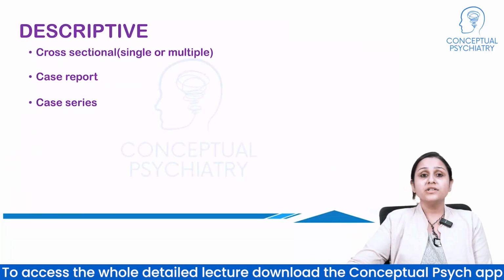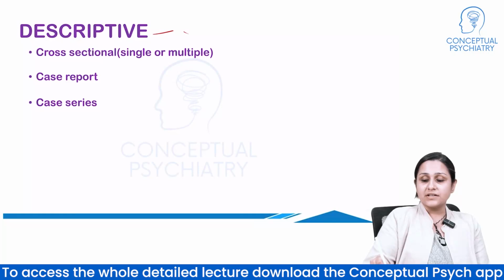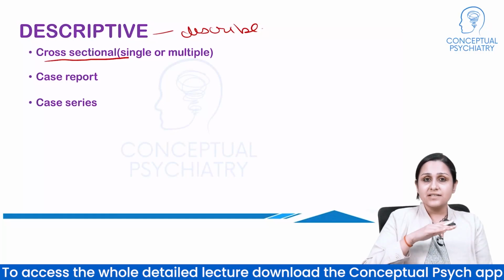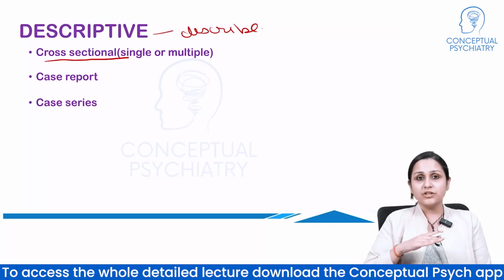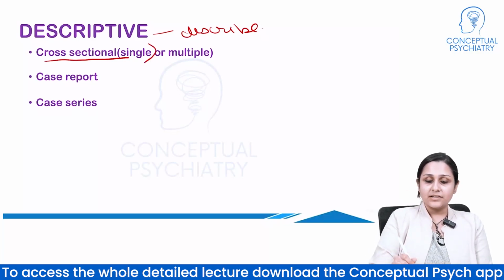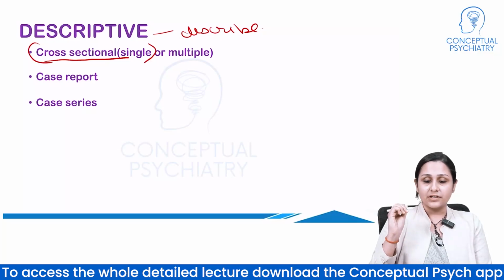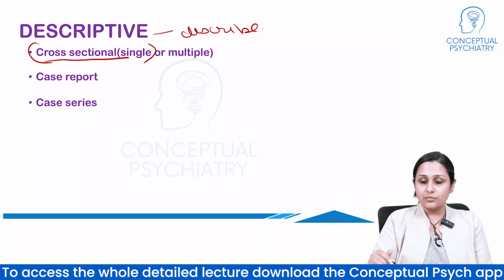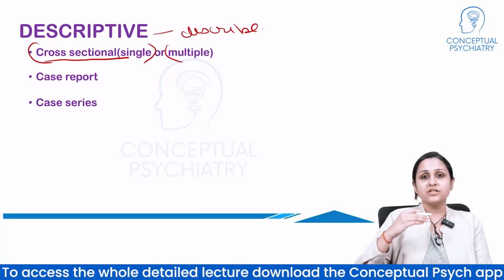So let's go on to the descriptive studies, which only describe. They can be cross-sectional in nature, which means at a single point in time on one population, you get to know the characteristics of the population. You do a survey, you do a questionnaire at one point in time. That is a descriptive study. Now, the same cross-sectional study can be done more than once, making it multiple cross-sectional studies.